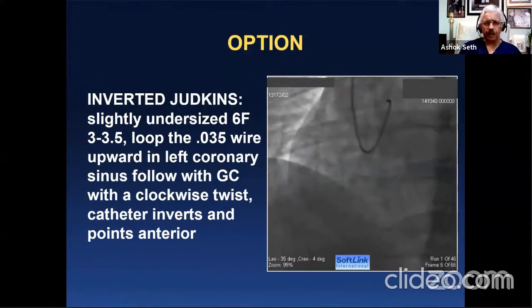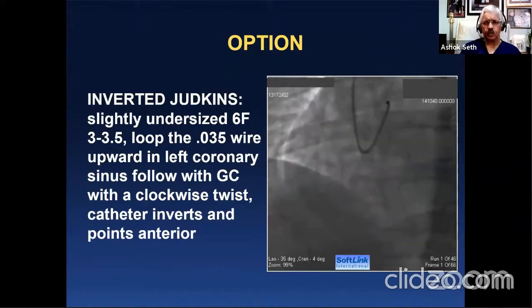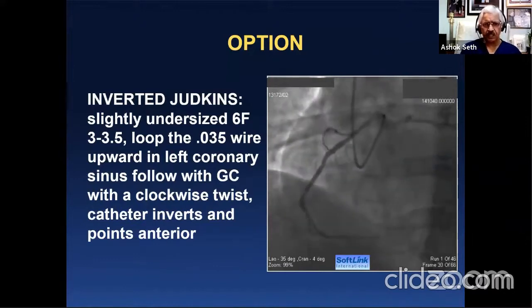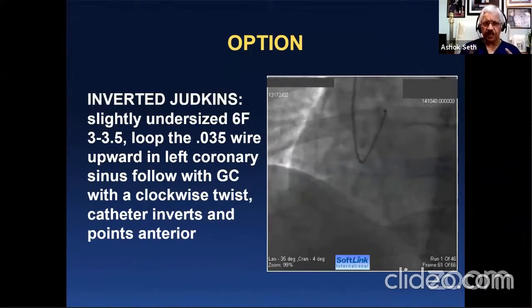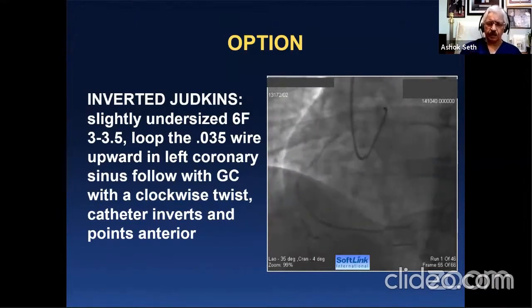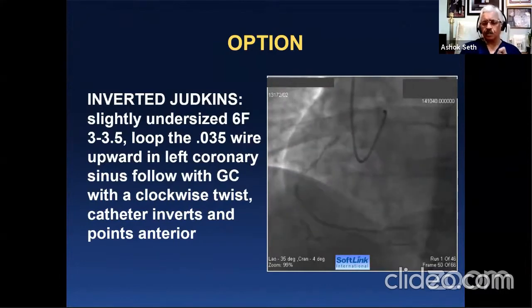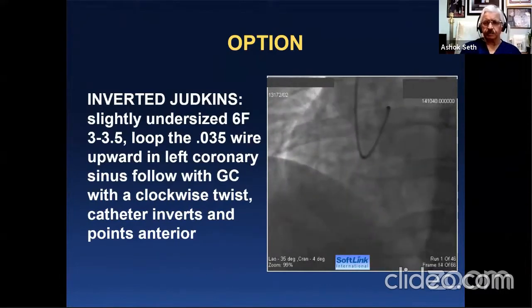While you loop it upwards, inverting it, at the same time give a clockwise twist to it to make it point more anteriorly. Using a 6F guide, it inverts the catheter and makes it point anteriorly, coaxial to the orifice of the anomalous right.